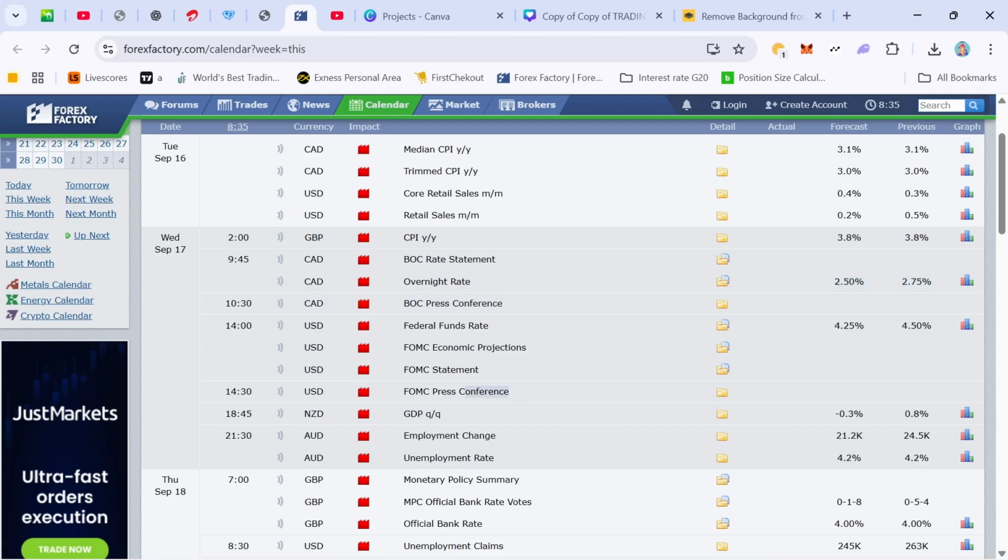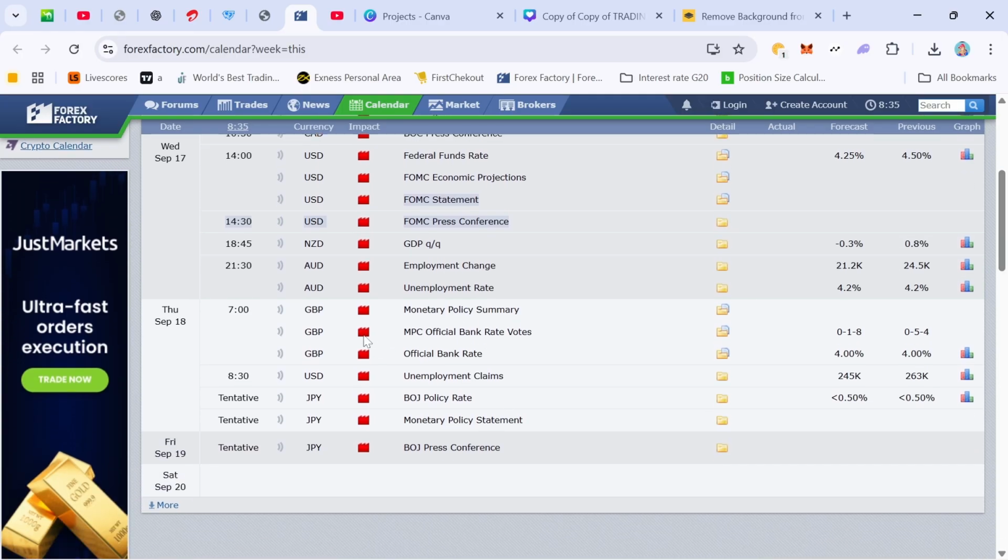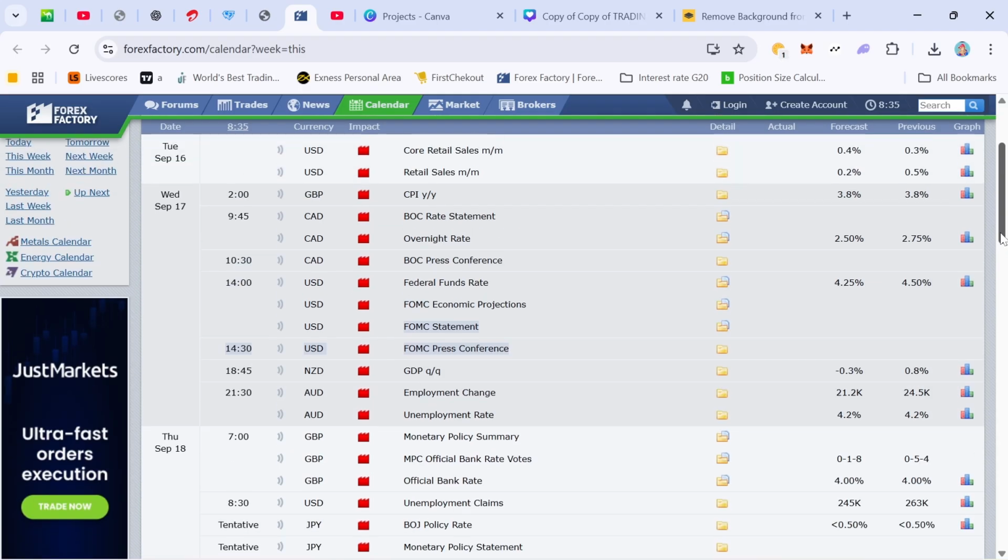So this is the big one here, the FOMC. We'll be expecting some major volatility in our USD pairs on Wednesday, the 17th of September. On Thursday, we have GBP news, USD news, and JPY news. So this is the news we'll be expecting this week.